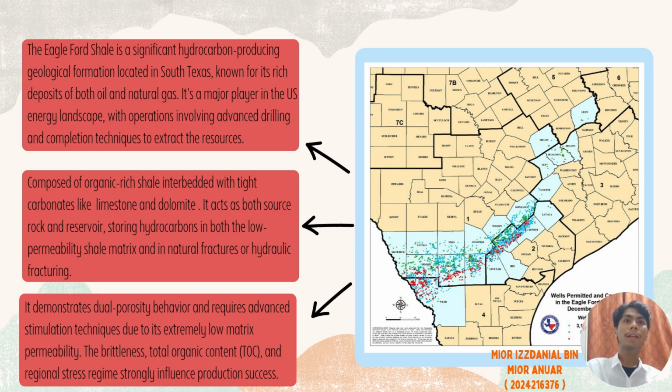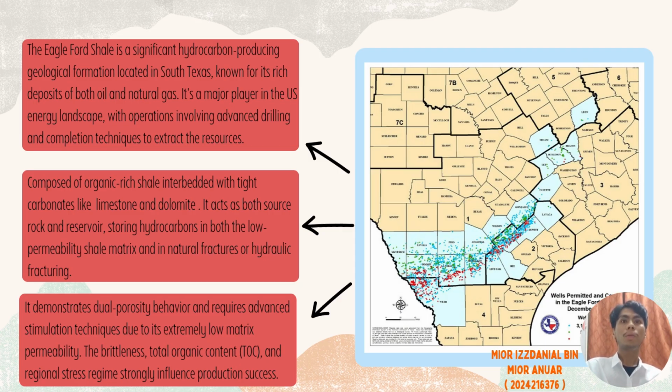It is composed of organic-rich shale interbedded with tight carbonates like limestone and dolomite, and it acts as both source rock and reservoir, storing the hydrocarbon in both the low-permeability shale matrix and in natural fractures or hydraulic fractures.